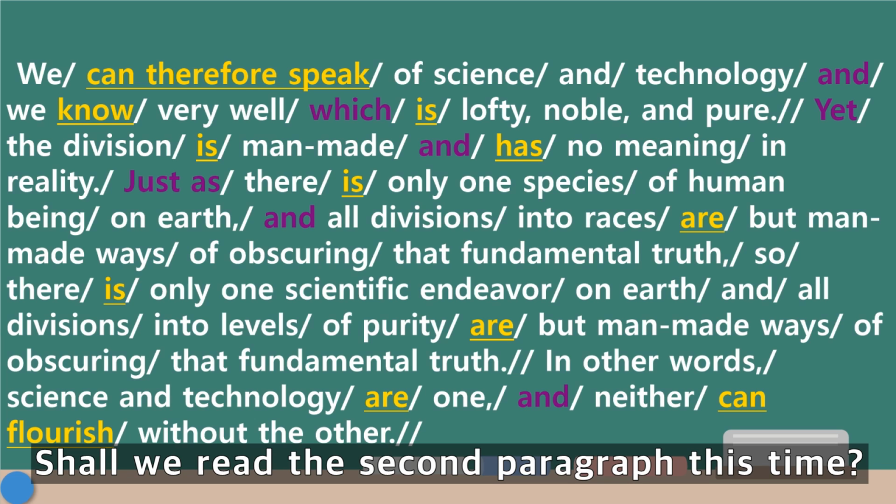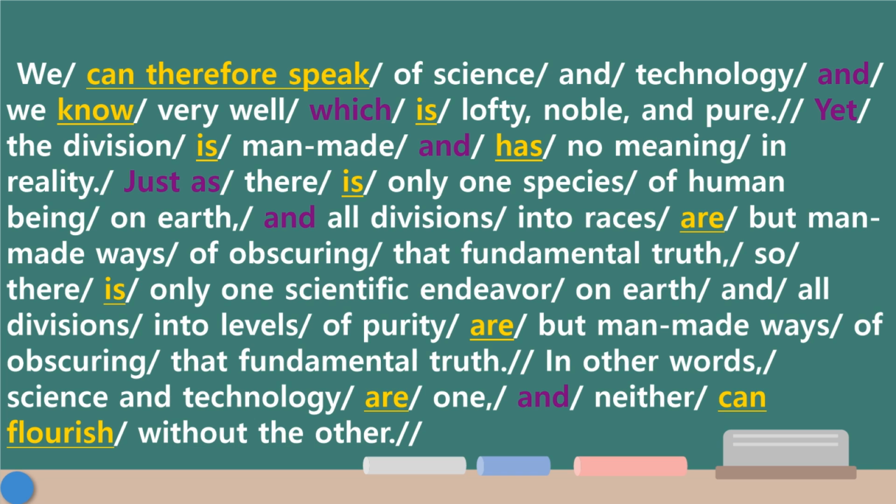Shall we read the second paragraph this time? We can therefore speak of science and technology, and we know very well which is lofty, noble, and pure. Yet, the division is man-made and has no meaning in reality. Just as there is only one species of human being on Earth, and all divisions into races are but man-made ways of obscuring that fundamental truth.